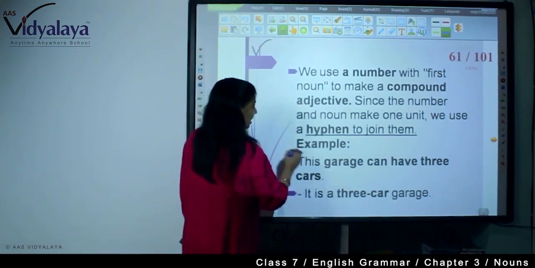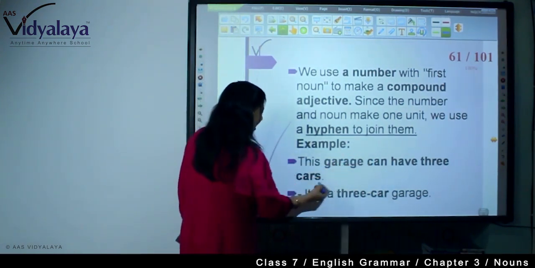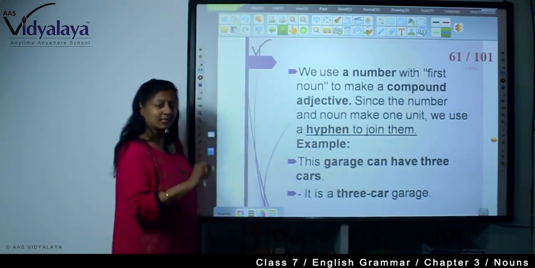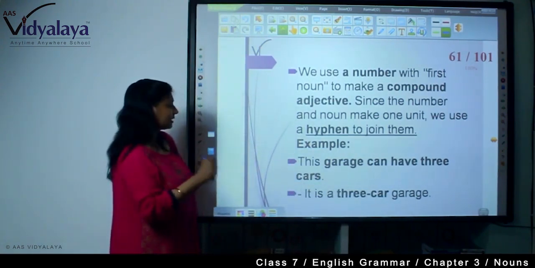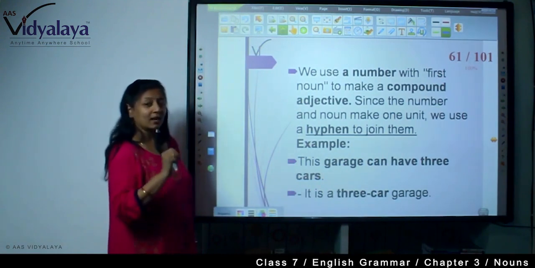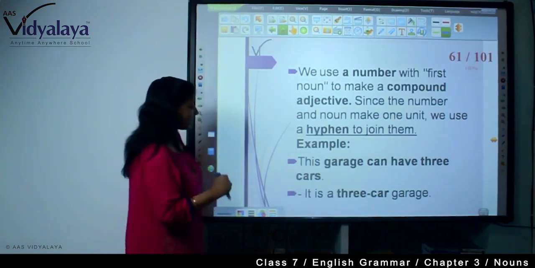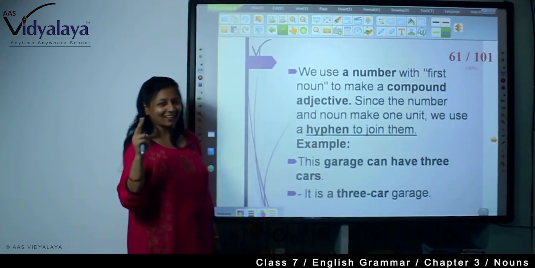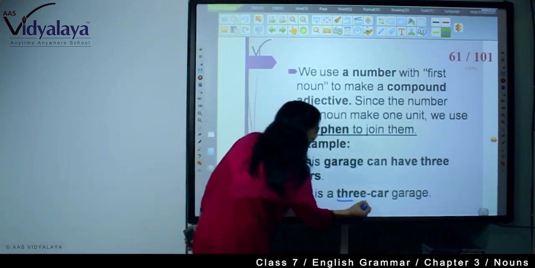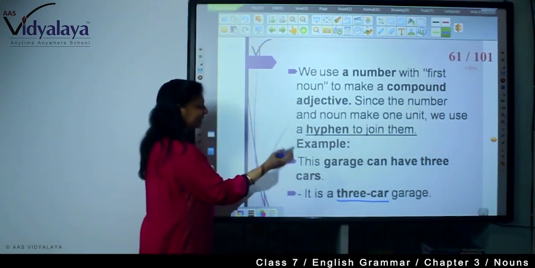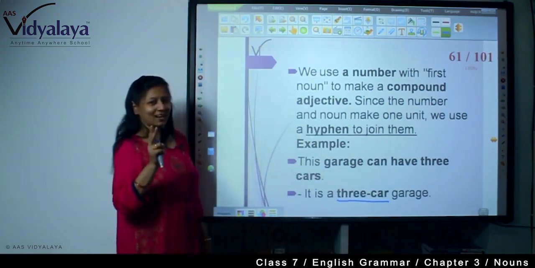For example, this garage can have 3 cars. Right? This is one way of saying this. And what is another way of saying? By using noun adjunct, it is a 3-car garage. See, 3-car garage means this garage can have 3 cars.